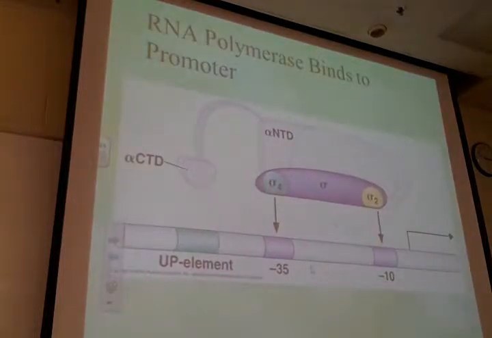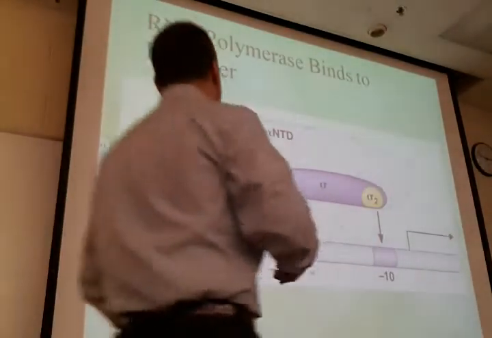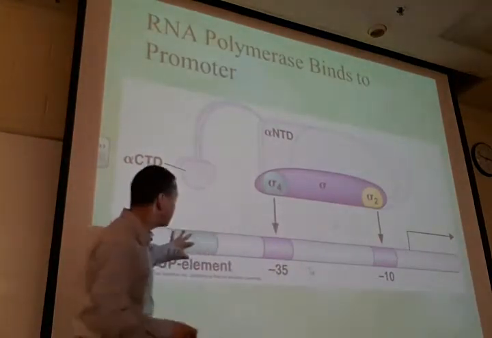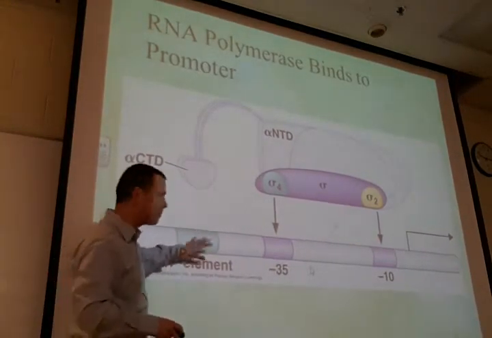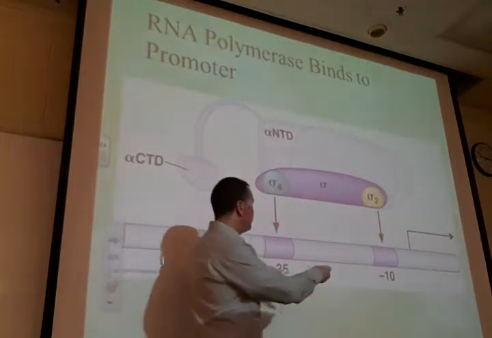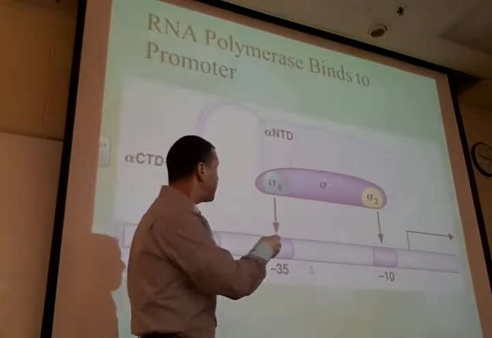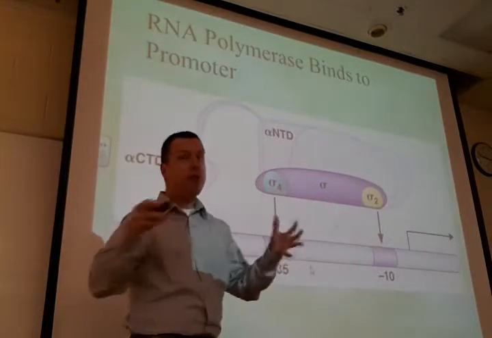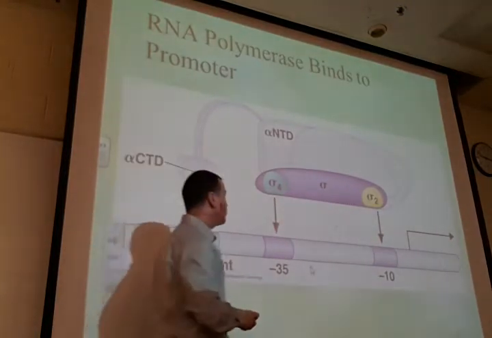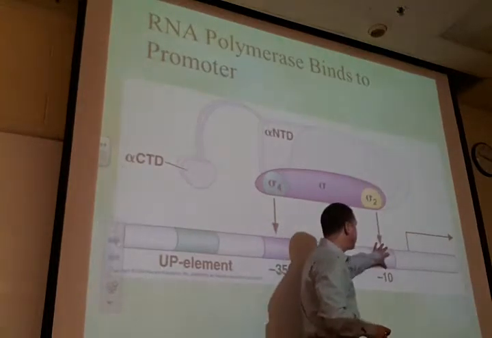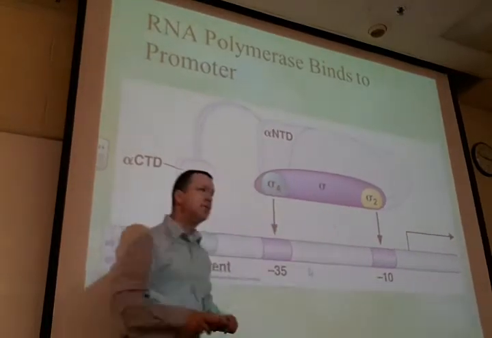Okay. So here's the basic idea. This is a little bit more complicated one. This has an extra piece to the promoter, but we don't have to really worry about that. If you kind of ignore that, here's the -10, here's the -35. Here's that sigma subunit that we've been talking about. And it just so happens that it's pretty much the perfect size to fit that section of the promoter.